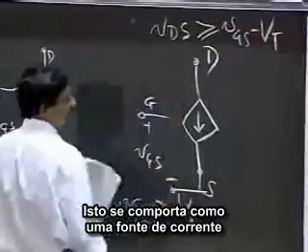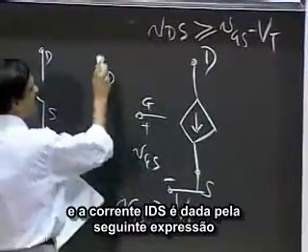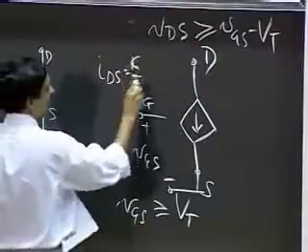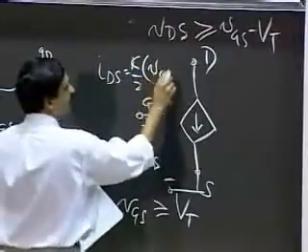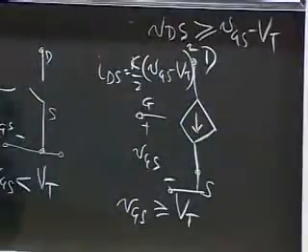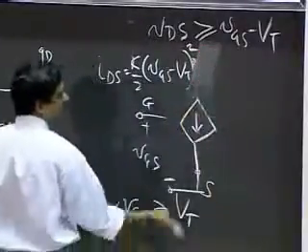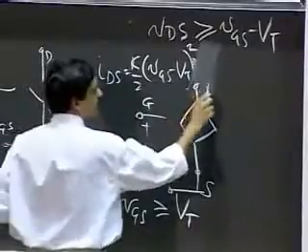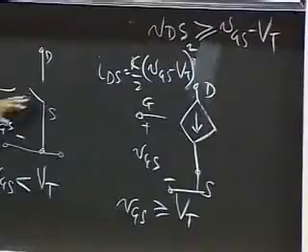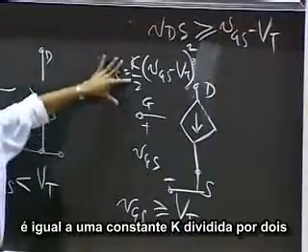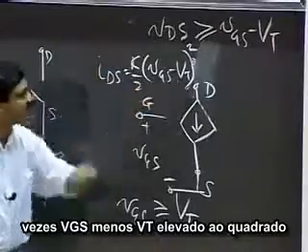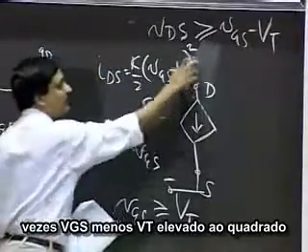So this one behaves like a current source, and the current IDS is given by the following expression. IDS is equal to a constant K divided by 2 times VGS minus VT, whole squared.